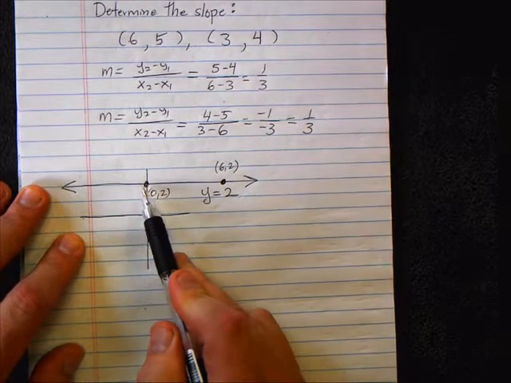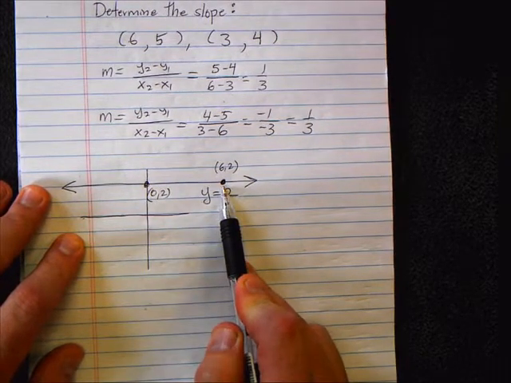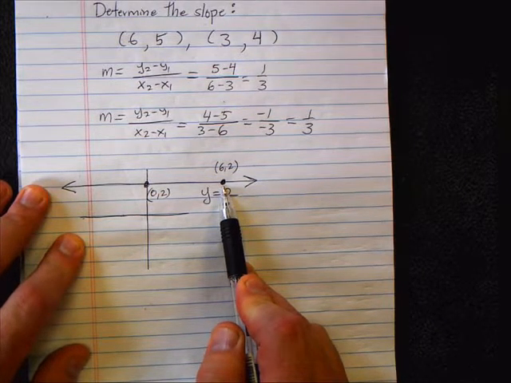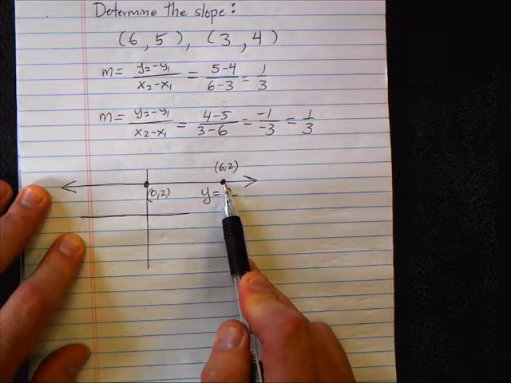So if I go from 0, 2 to 6, 2, how much have I risen? I haven't risen at all, have I? So my rise would be 0, but my run would be, how far have I gone to the right? 6. So my slope would be 0 over 6, which is 0.